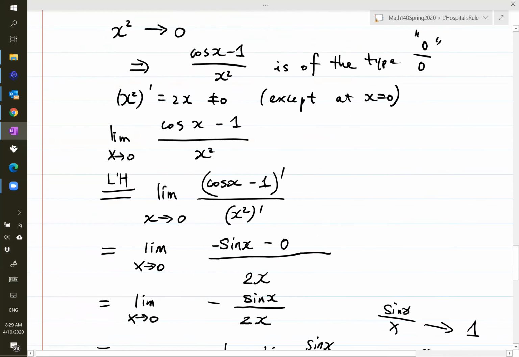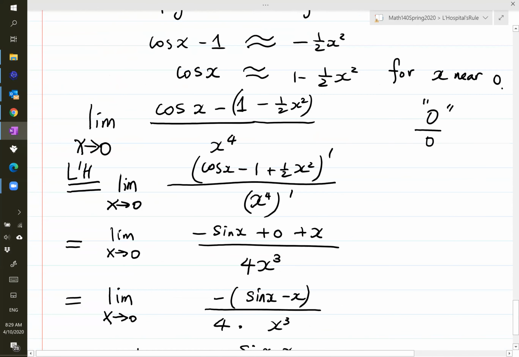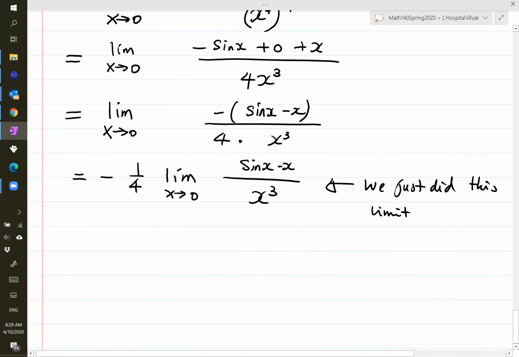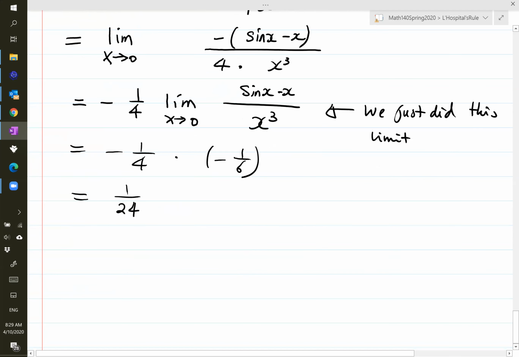So we can use direct substitution. So this is negative a quarter times negative 1 over 6. So we get negative 24. Positive 24, sorry.